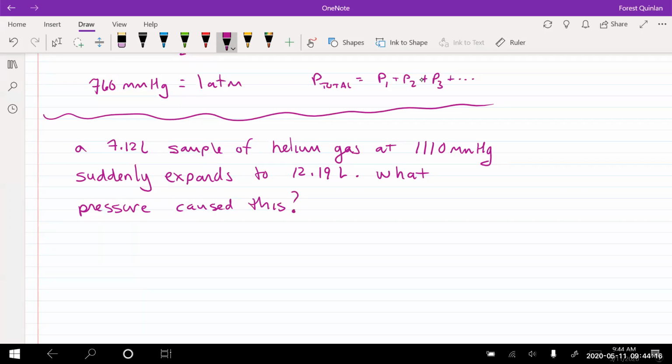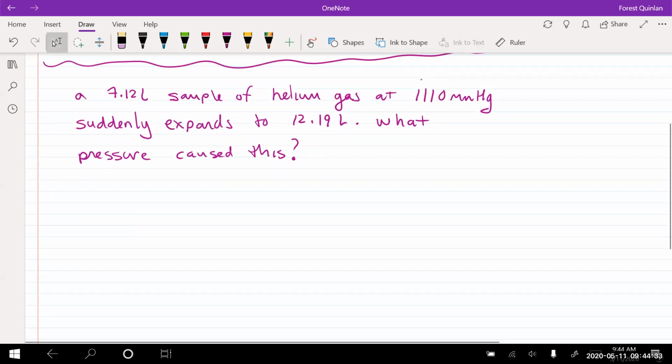Okay, so we have a balloon full of helium gas at a certain pressure, and it suddenly got bigger. What pressure caused this? When I look at this problem, I start by asking myself, do conditions change or do they not? Do the conditions change for this balloon?